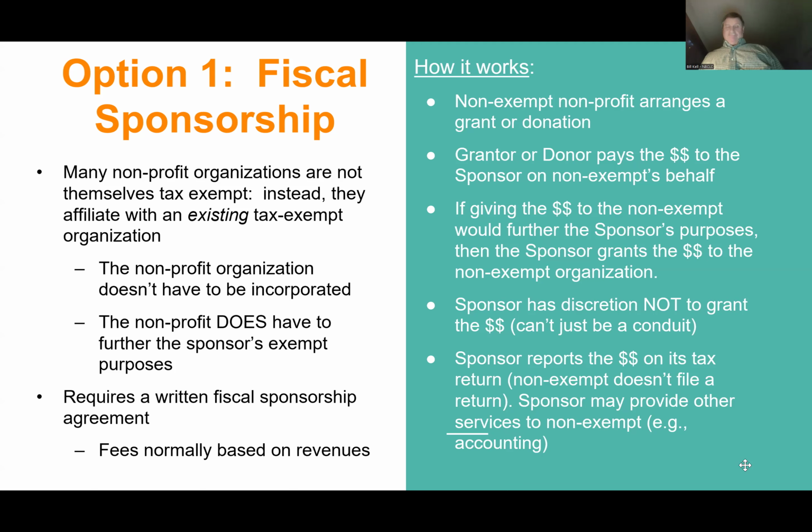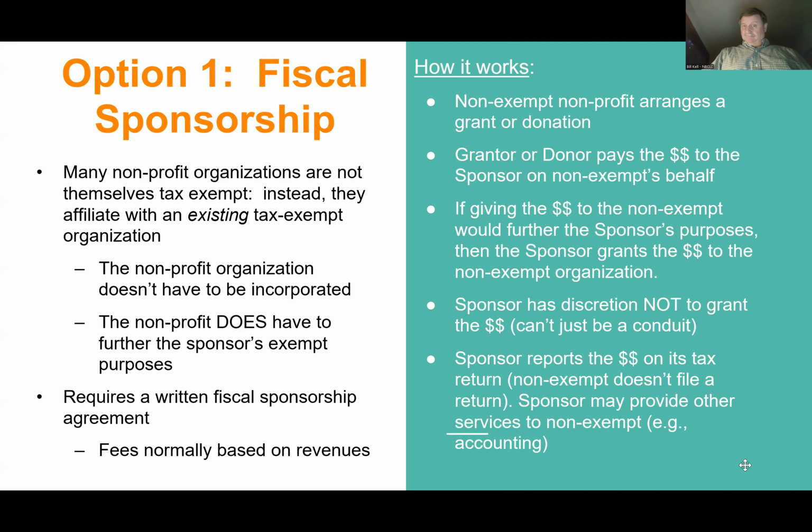And there also needs to be a written fiscal sponsorship agreement, where, as I mentioned, there will normally be a fee based on the revenues. Usually they take around 8 to 10% of what your money is.